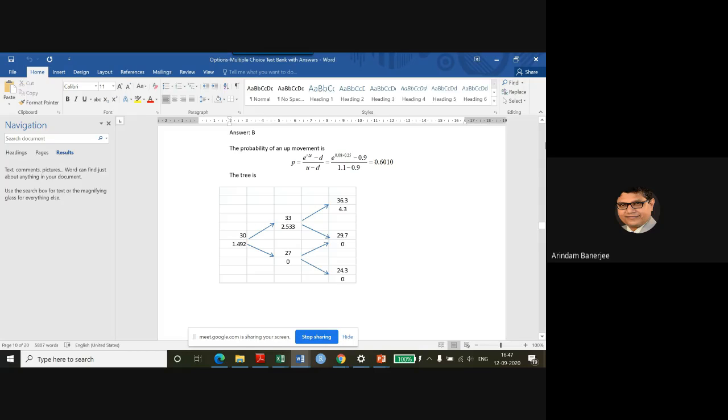drawback, criticism of Black and Scholes? That it is a black box, that we can't see what is happening inside. Something is cooking inside and throwing a result, but what is cooking inside is not very clear. But here, for decision making purposes, this option can be very useful, because at every point I can see how the option price is moving, whether it is going up or coming down.